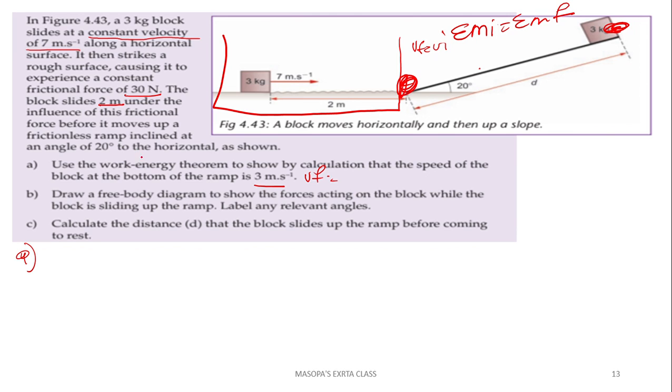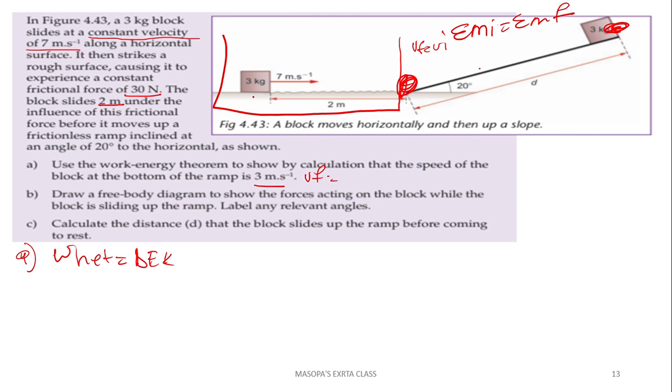Because of the presence of Fk, we have to look for the net work done on the object, which equals the change in kinetic energy. As we saw in the previous video, previous question, the net work is the work done by Fk only.